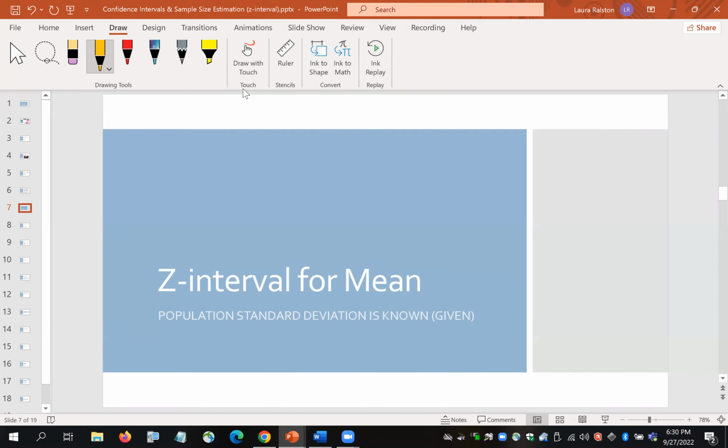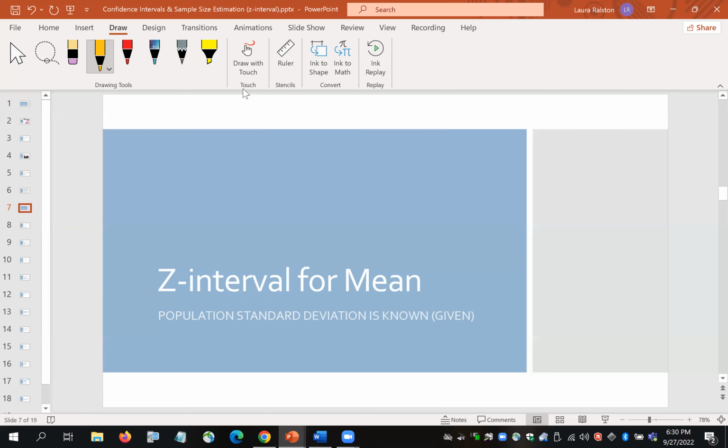Again, we're focusing specifically on the population parameter of the mean, but there are still three different confidence intervals that you could encounter. And the first one is the Z interval.